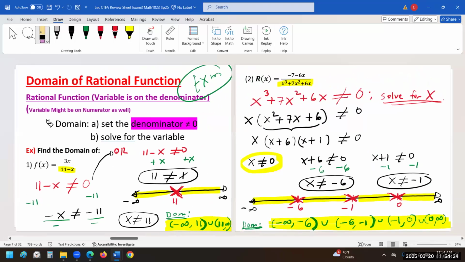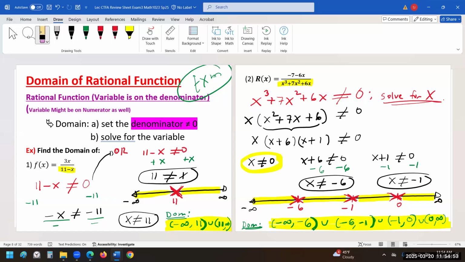When you have one number, you have only one problem. But when you have more numbers, you take out all of these from your number line. So you write down the first interval, negative infinity to the first number you cannot take. Second interval is the first number you cannot take to the second number you cannot take. Then you keep going on for all these intervals, and the entire interval will have parentheses.